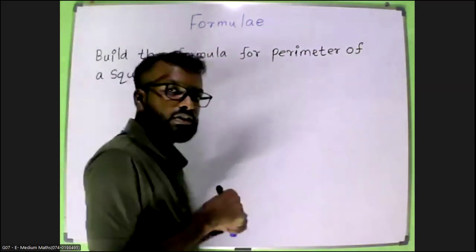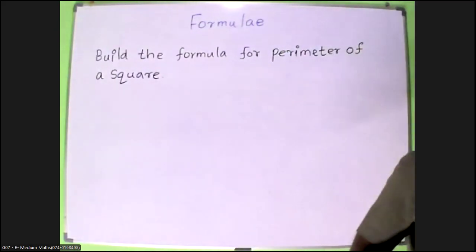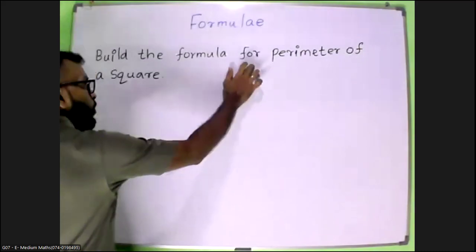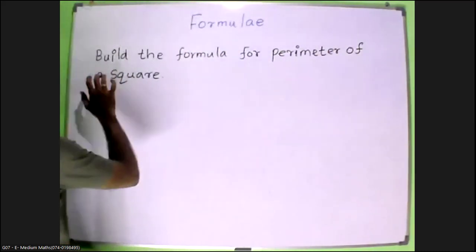This is the first thing that we are going to do under this. So we are going to build the formula for the perimeter of a square.